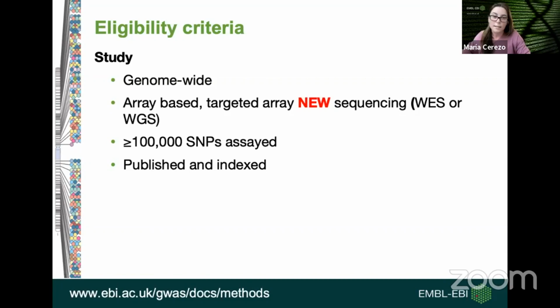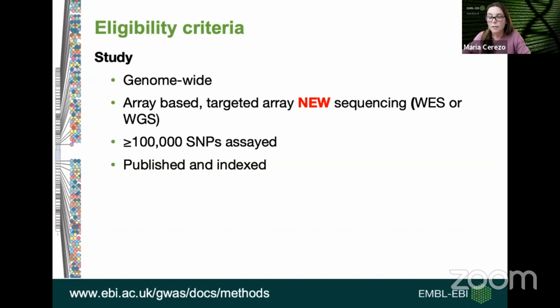Regarding technology, at the beginning of the catalog we were extracting array-based studies. We extended the scope in 2017 to targeted arrays. And since this year, we are starting to extract data from sequencing studies, whether exome sequence or whole genome sequence.